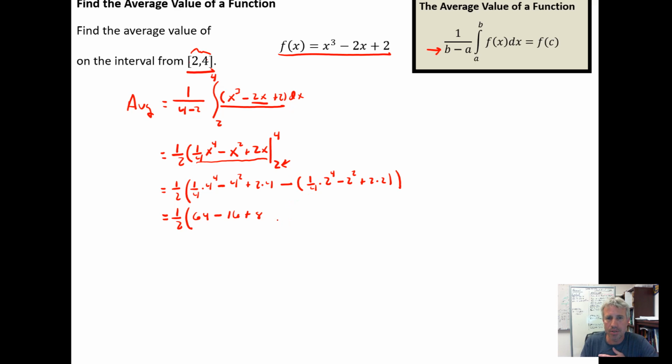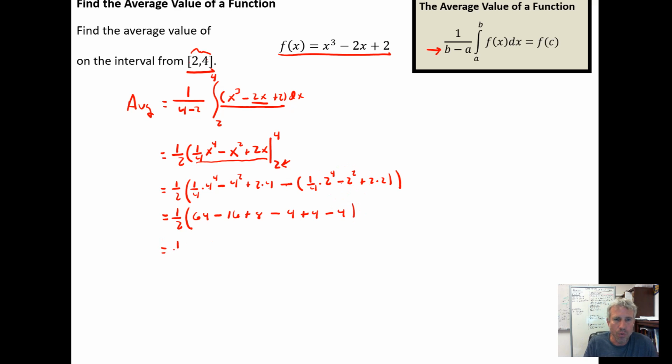And then we're going to have minus right here. And 2 times 2 is 4. Divided by 4 will go away. So we're just going to get a 4 out of this. 2 to the 4th is 16, divided by 4 is 4. Distributing the minus sign into the parentheses here, I'm going to get minus, minus, plus 2 squared is 4. And then minus plus is minus 2 times 2 is 4.